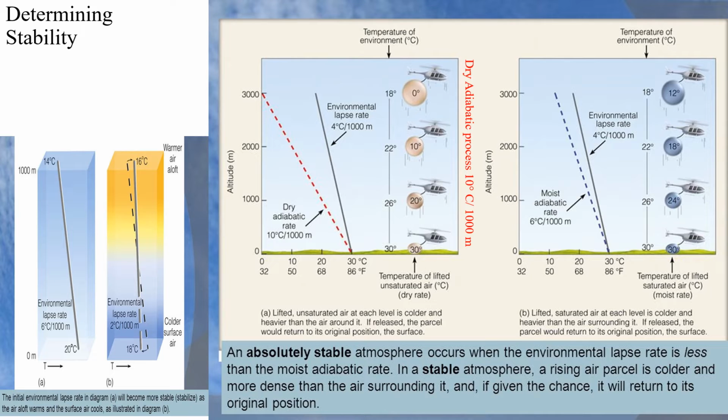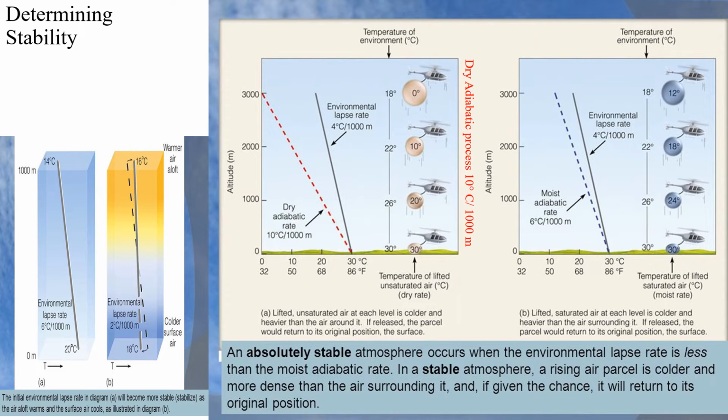We can say the atmosphere is always absolutely stable when the environmental lapse rate is less than the moist adiabatic lapse rate. In a stable atmosphere, a rising air parcel is colder and more dense than the air surrounding it, and if given the chance, it will return to its original state.